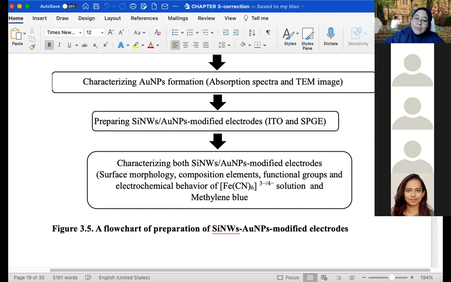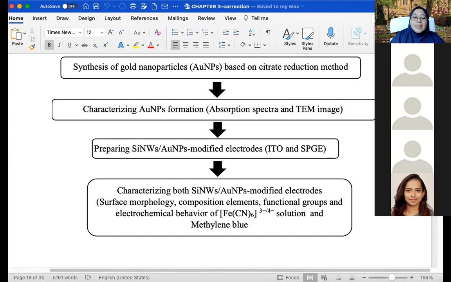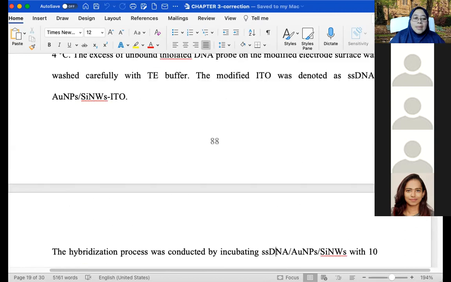Even though you have to write the protocols, to summarize and help the reader follow, this is the flow chart for the preparation of the modified electrodes. Okay, it's not the end, but it's by stages. This is for the modified electrodes only. Even though the detail is already there, this is to assist the reader. Okay. All right. Let's move on.